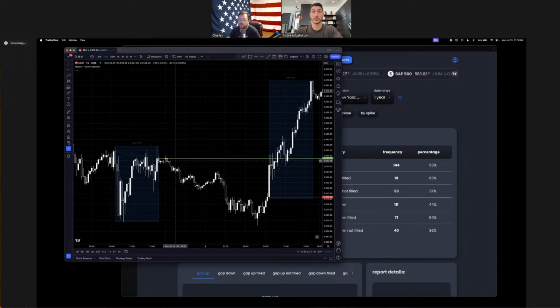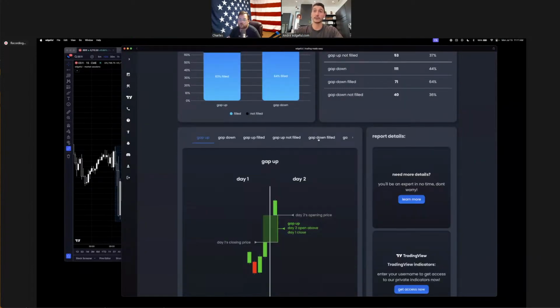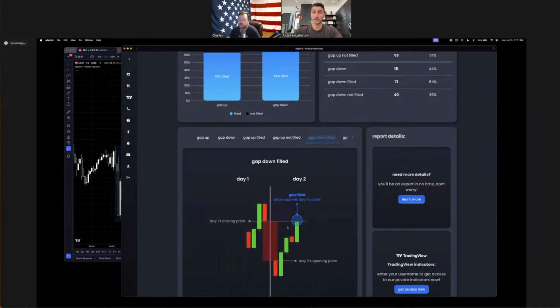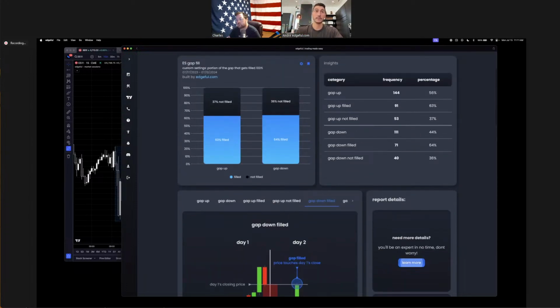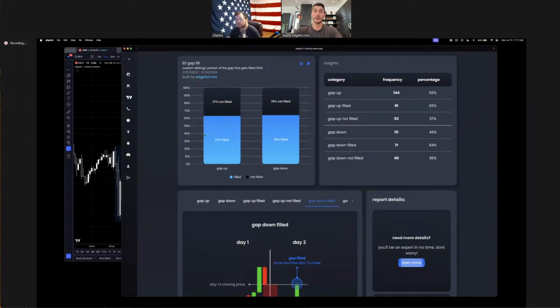This is yesterday's close. So now a gap fill is when price comes up to touch the previous day's close. So when you see a gap down, you want to have a bullish bias targeting the previous day's closing price. You can see that gaps down tend to fill 64% of the time in the last year.